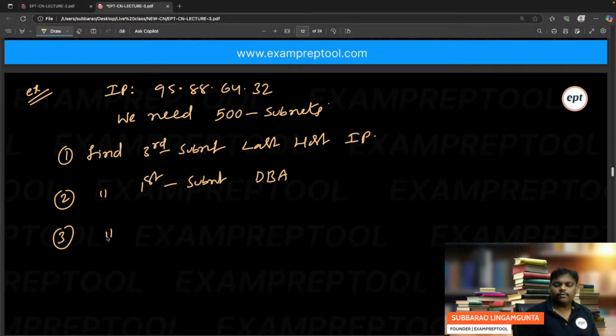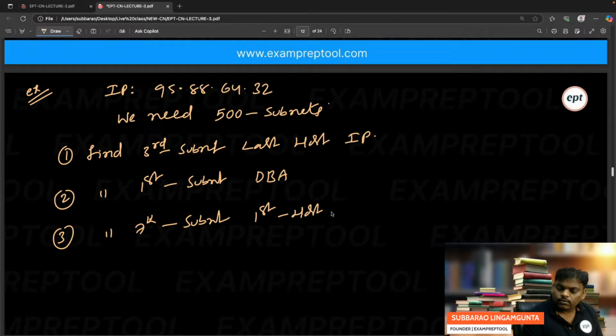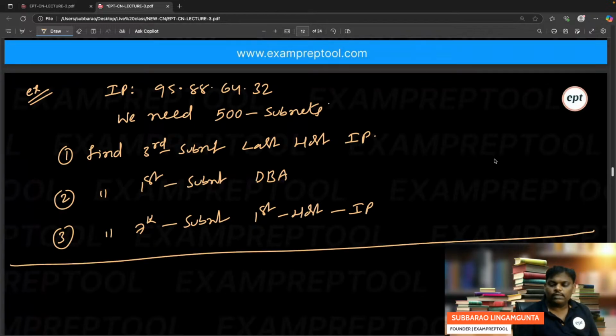Find the seventh subnet's first host IP. Yeah, these are the things. This is the homework for you.